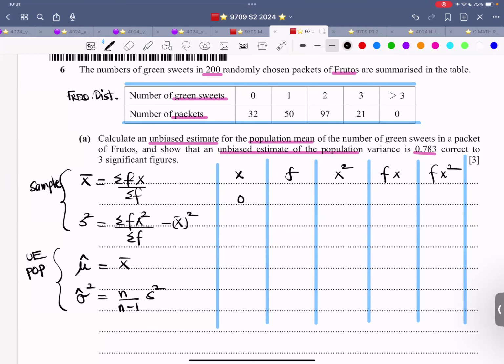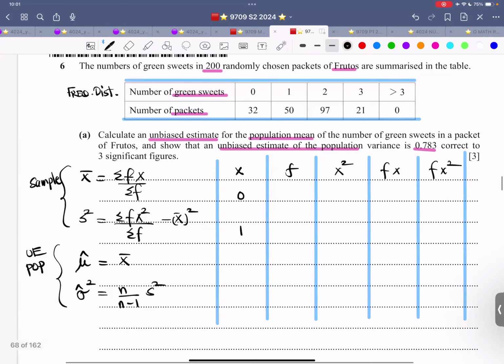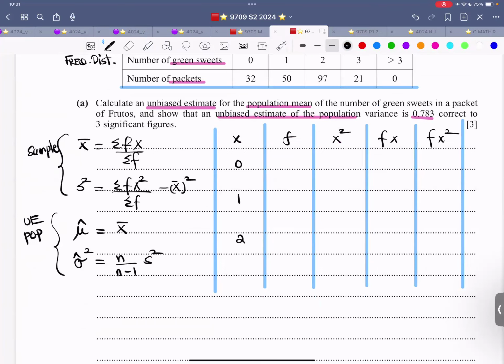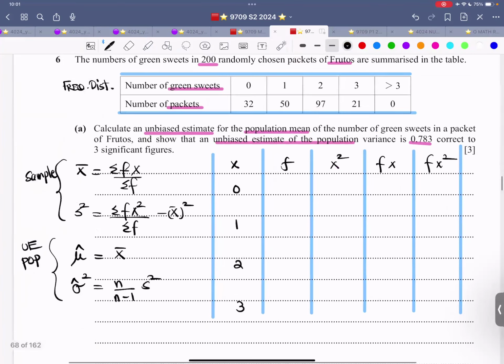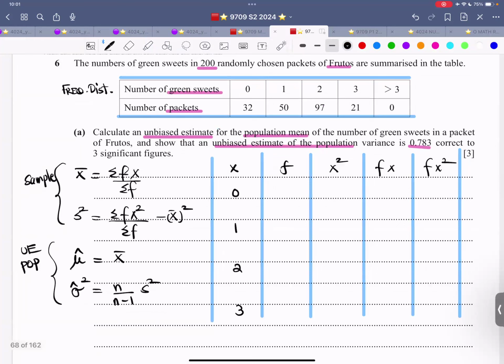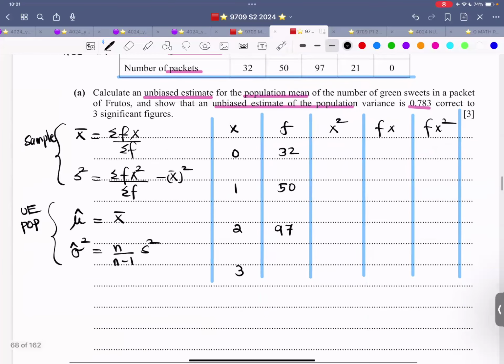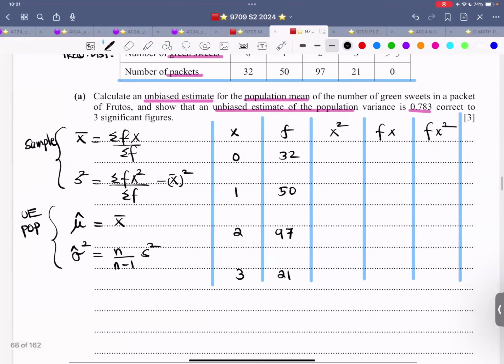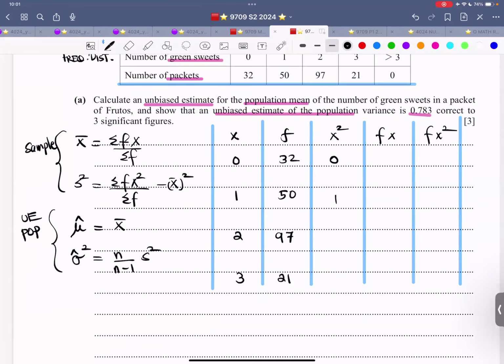So this is 0, 1, 2 and 3. Greater than 3 is not needed because the frequency is 0. So that is 32, 50, 97, 21. X squared: 0, 1, 4, and 9.